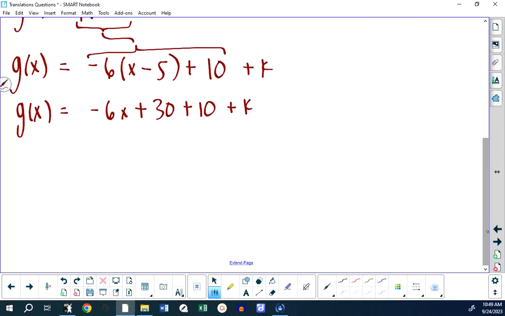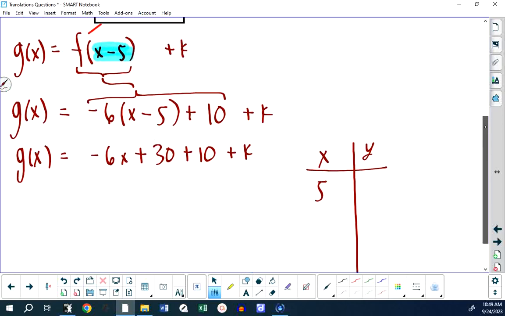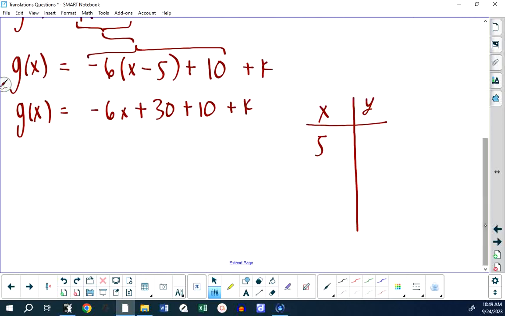And because I am about to put in 5 for x, and was it 35 for y? Yep, 35 for y. I'm going to toss the function notation out the window and just talk about y equals. So what do we have? We have -6x plus 40 plus k. So I put in my ordered pair.